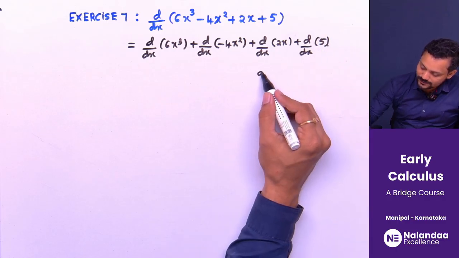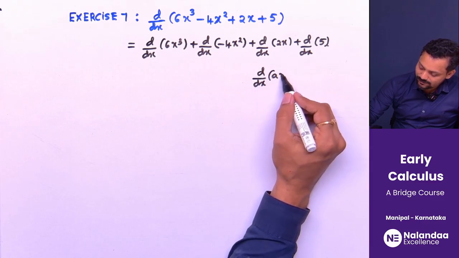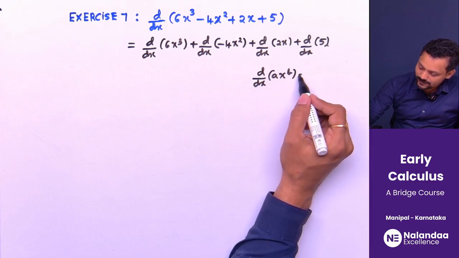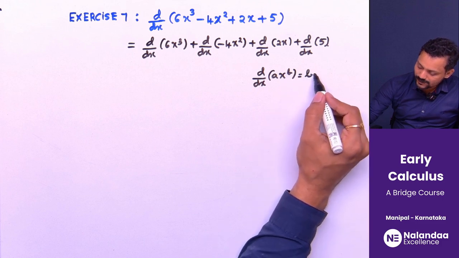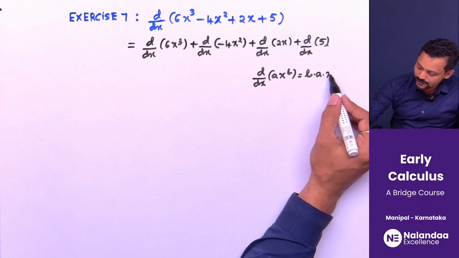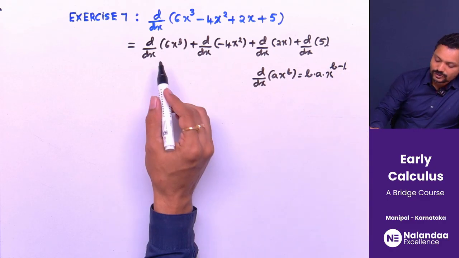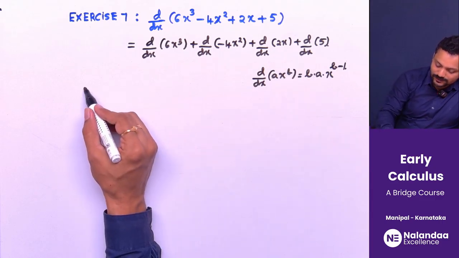So now the concept: d by dx of a x power b is b into a into x power b minus 1. So now we will differentiate this one by one.